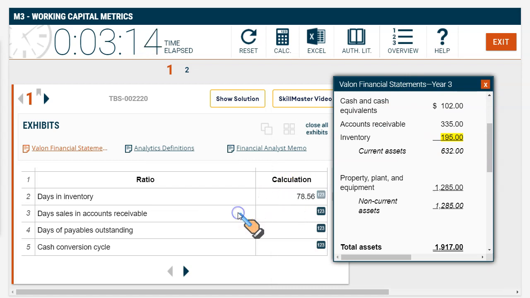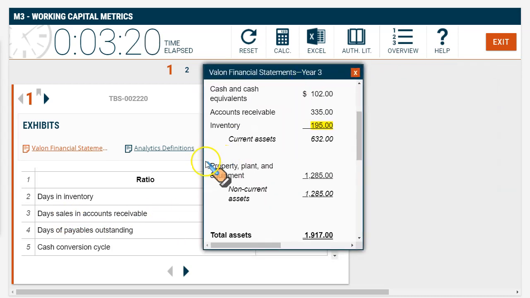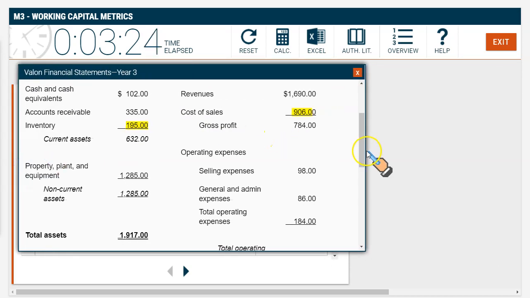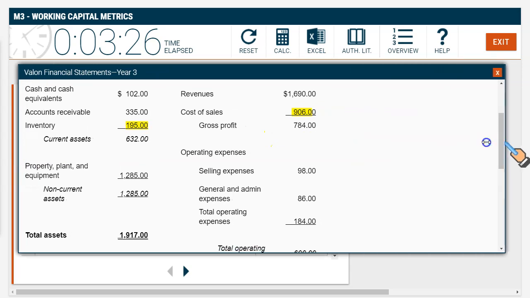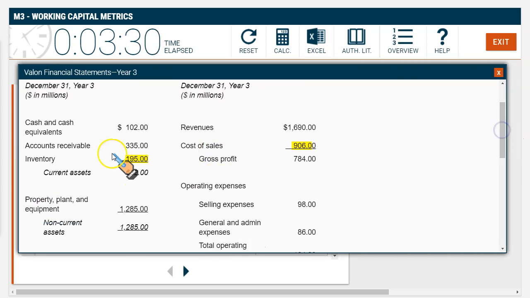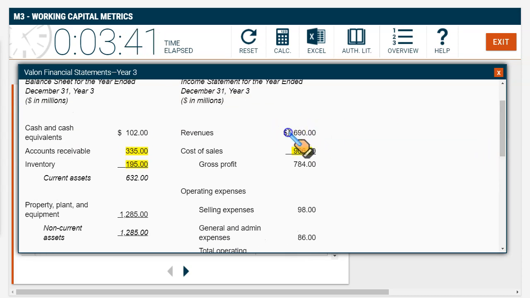Done. Next we have the days sales in accounts receivable, also called the average collection period. That is the time your average receivable takes to pay you back. And how do we calculate that? Your accounts receivable, which is given right here, 335, divided by your sales, which should be right here, the revenue 1690.